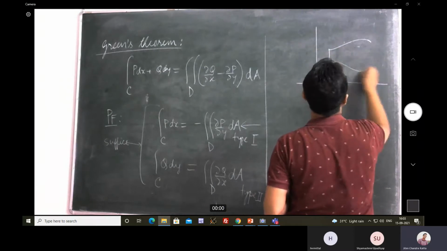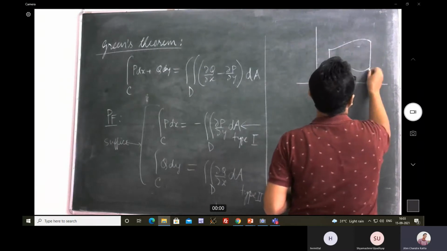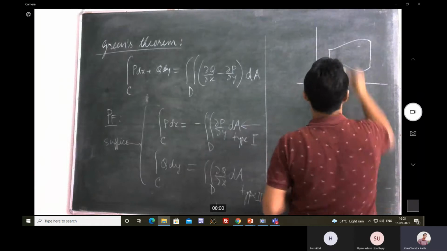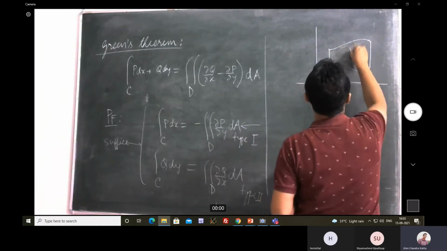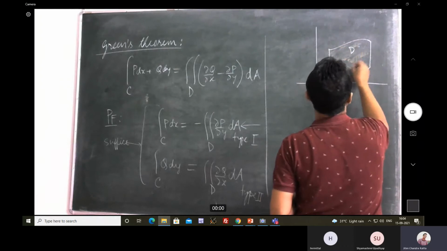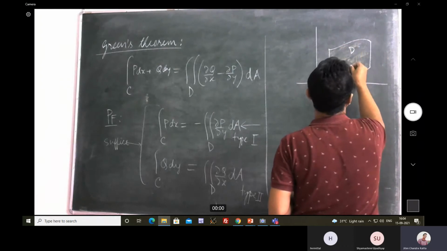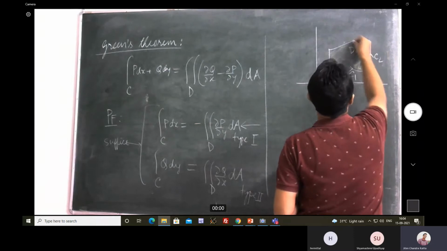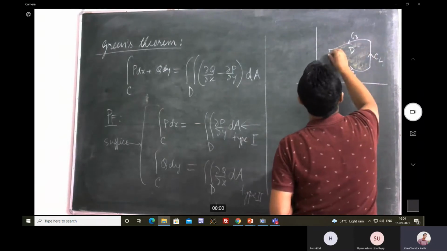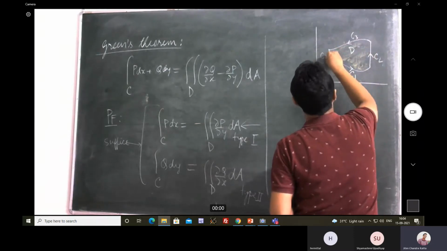He considered D to be this region, bounded by the curve C, where C is the union of C1, C2, C3, C4.